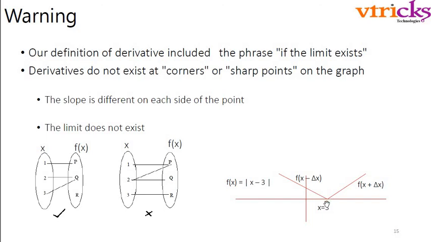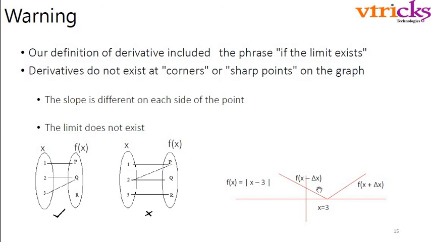For positive values of x, when x changes from 3 to 4 or 3 to 5, this is the line. For negative values of x, when x goes to minus 3, since it's an absolute value function, this is still a positive value, but x takes negative values here. So f of x minus delta x is this line. You can plot this and get a feel of it.